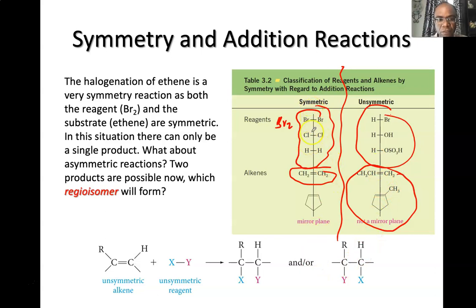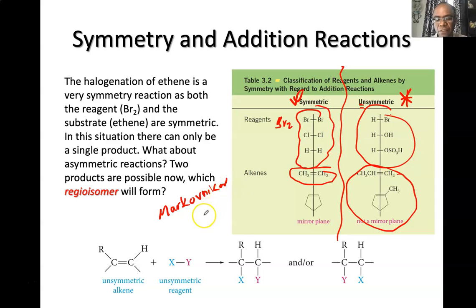Here you have an internal plane of symmetry, see how I can split them apart, but here if you cut the molecule in half, they are not reflected, so they are unsymmetrical. What if you have the unsymmetrical case? Because I've just described the symmetrical case in halogenation. So now if that is the case, then you have to use a rule called the Markovnikov rule to determine which product is mostly favored.